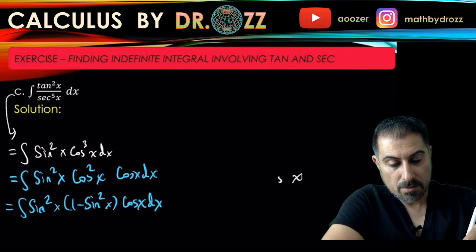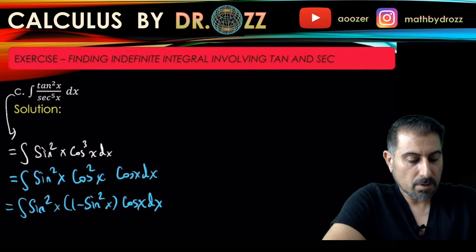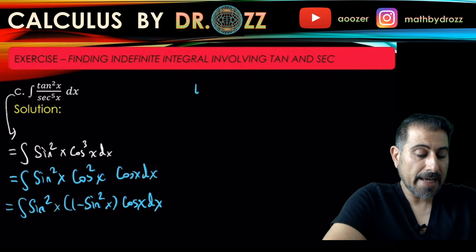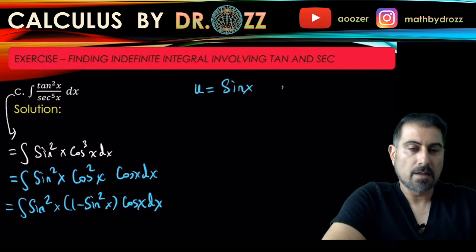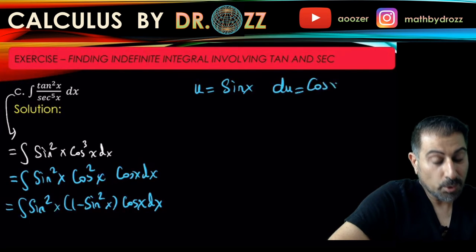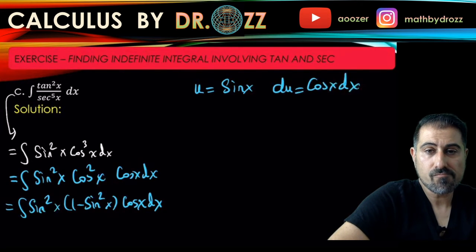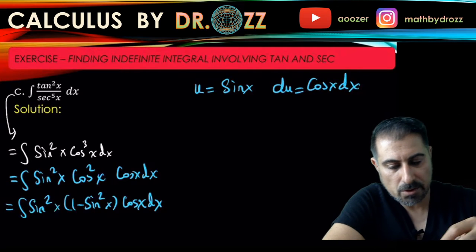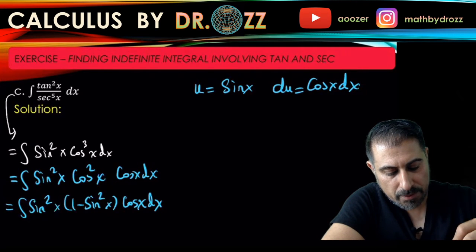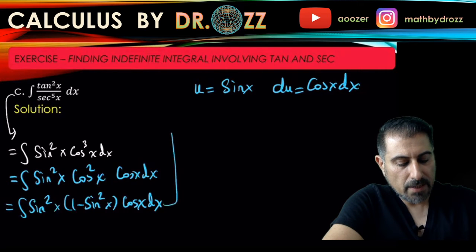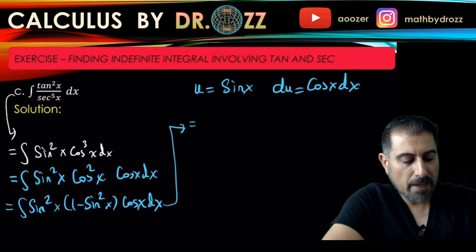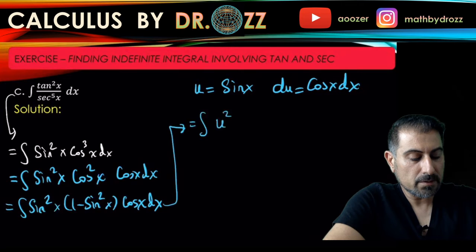Okay, so u equals sine x so that du is cosine x dx. Okay, sounds good. I am going to continue right here. So I have u squared, 1 minus u squared, and du.